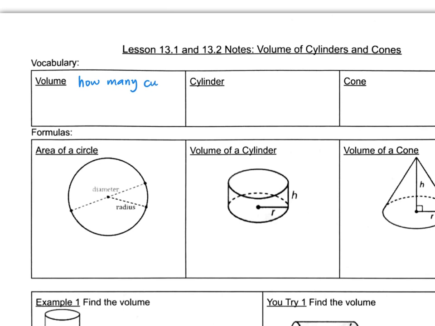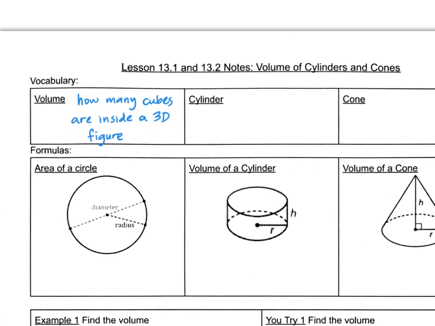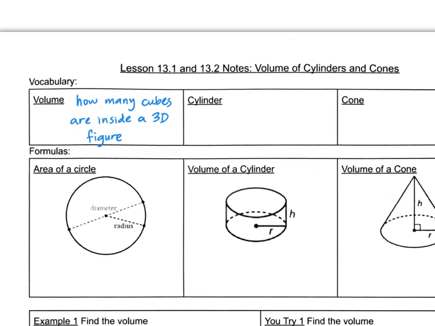and cubes are 3D shapes. How many cubes are inside a 3D figure? Now, when we're doing this on a piece of paper, it's sometimes a little challenging to see 3D shapes, but if you can imagine, we have this cube, and a cube means every single edge of this thing is exactly the same.